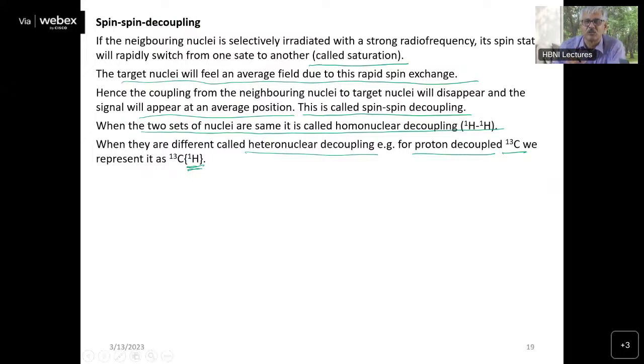For proton-proton it is not needed, but when it is heteronuclear you have to mention it. It is possible to record a carbon 13 with 19 fluorine decoupling. Okay, so that's why it is needed.